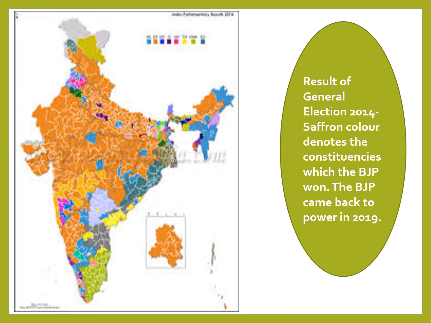The Bharatiya Janata Party alone won 282 seats in 2014 general election. It won 303 seats in 2019 general election. So what you see in this map is the constituencies which were won by the Bharatiya Janata Party in 2014.